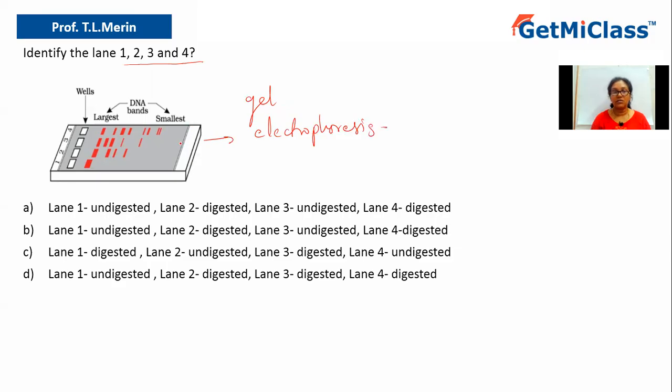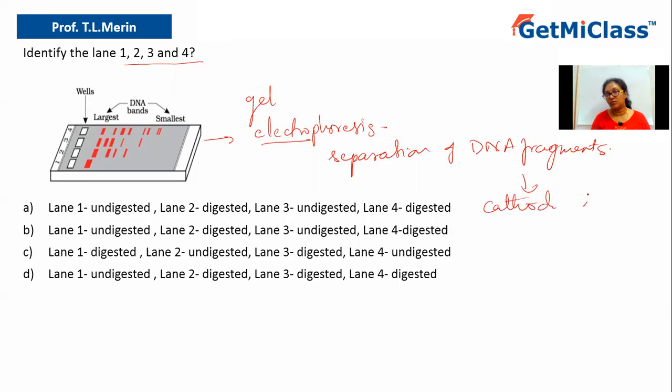On the agar gel, they use electric current and try to separate the DNA fragments. Since the DNA is negatively charged, the DNA will move from cathode to anode.